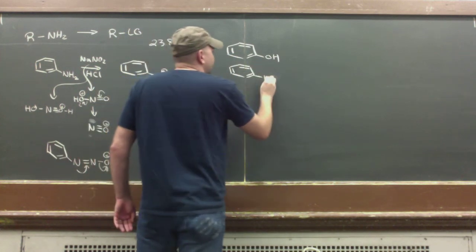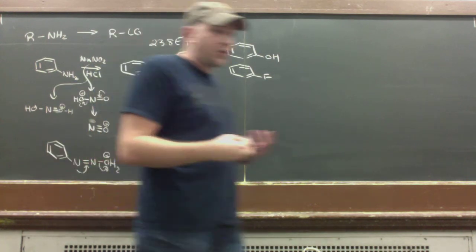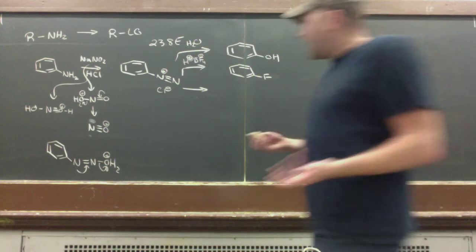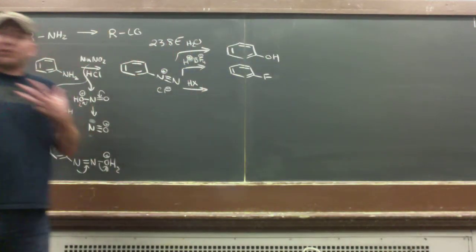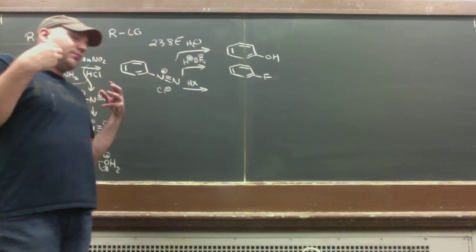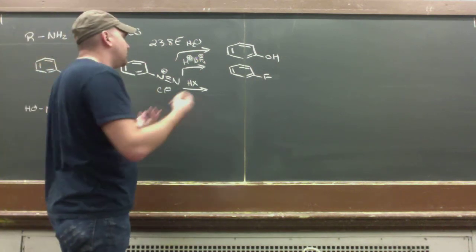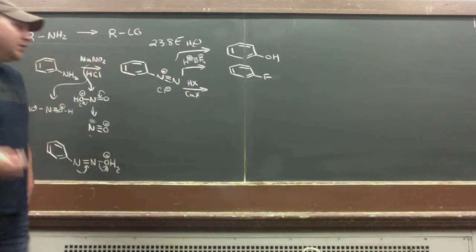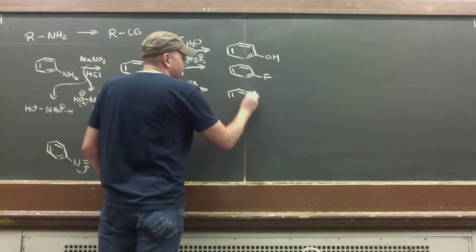So it effectively goes right down the row of these. If you take this molecule and treat it with HX, so different halogens, hydrochloride, hydrobromide, HI, HCl, HBr, and the copper version of that, what you'll end up getting to is various halogens.